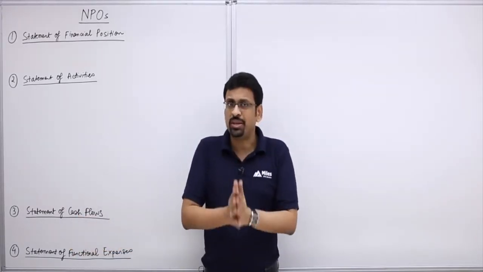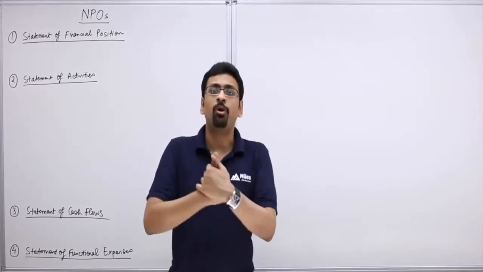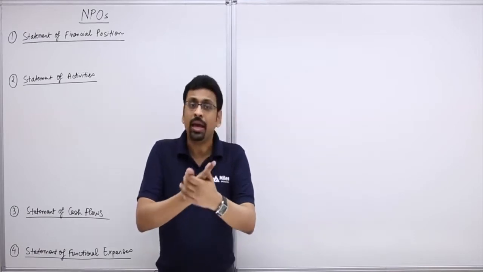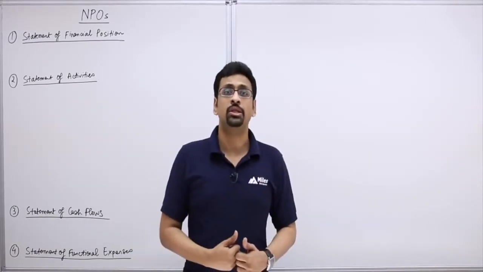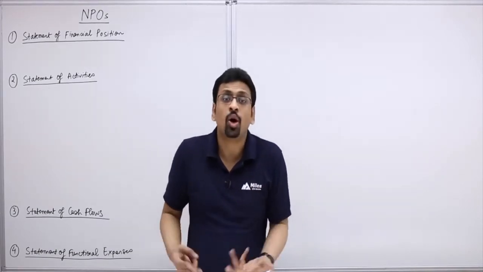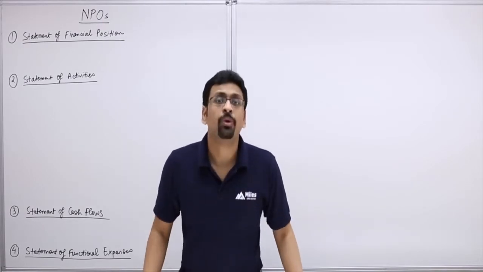Now, the users basically want to assess, number one, the service that the not-for-profit organization is providing. Number two, the ability of the organization to continue to provide those services. And number three, the method used by the organization's management to discharge their stewardship responsibility.